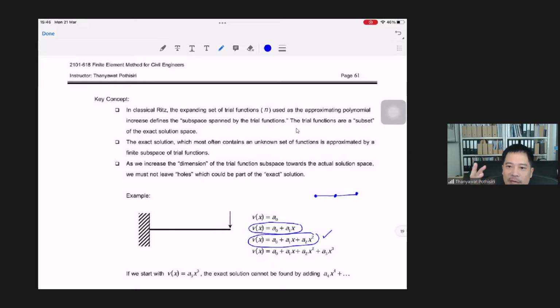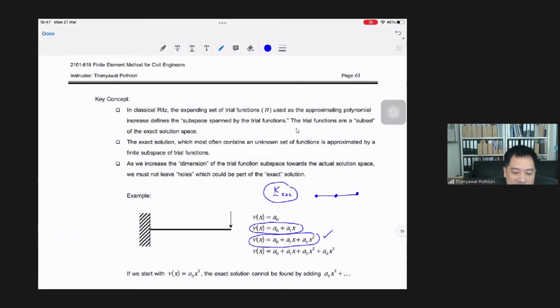And in doing so, you are basically increasing the number of nodes in your element. For example, if you have two nodes, you have 2 degrees of freedom, right? So if you construct the element stiffness matrix, you get a 2x2 matrix. This is the dimension of the element stiffness matrix for a two-node bar element.